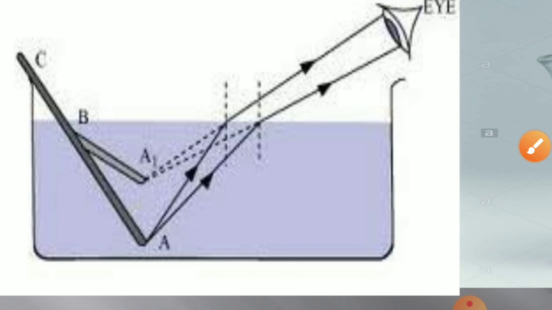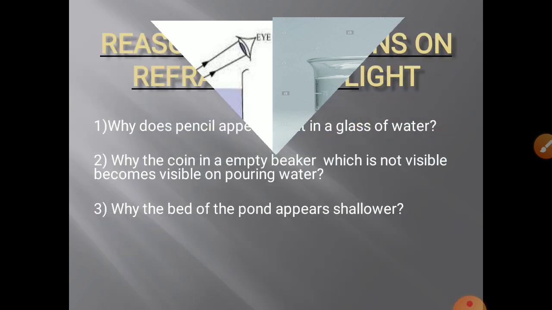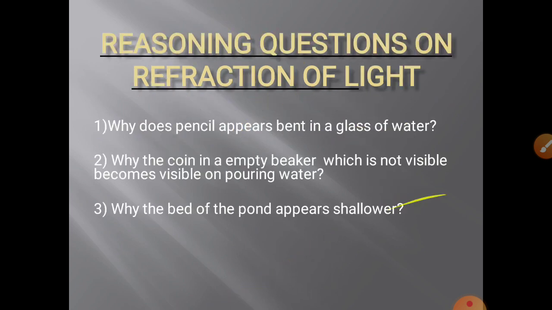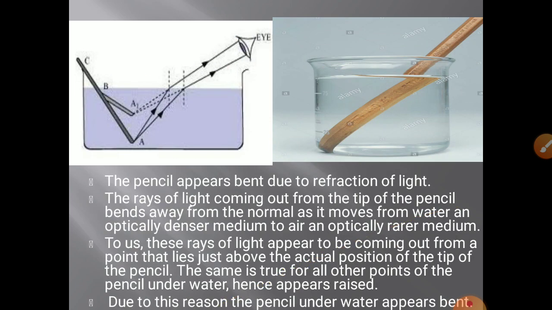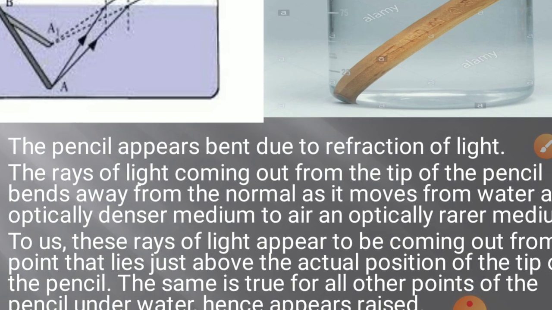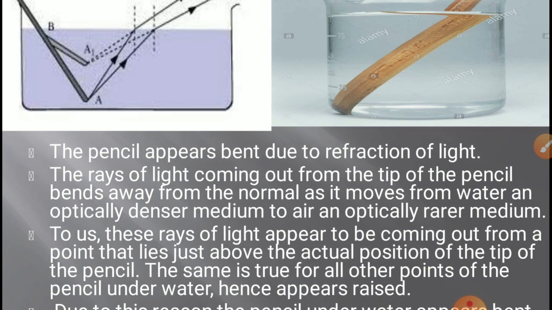So to answer, we write: the rays of light coming out from the tip of the pencil bend away from the normal as they move from water, an optically denser medium, to air, an optically rarer medium.